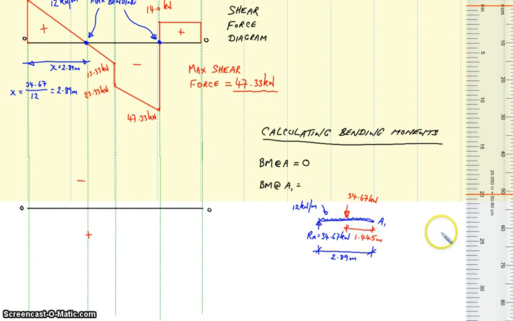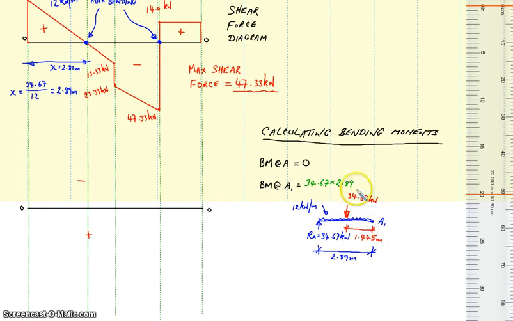So we have ignored everything to the right of A1, bending moment at A1. We've considered only to the left of it. So therefore clockwise moments are going to be considered positive. So what we have here clockwise is this reaction at A, 34.67, multiplied by the distance from the pivoting point at A1, which is 2.89 meters. So 34.67 multiplied by 2.89. We have no other clockwise moments, so we look then at anti-clockwise.